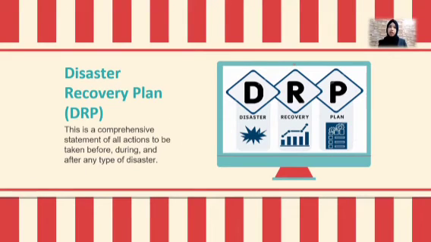So, to survive such an event, companies develop recovery procedures and formalize them into a disaster recovery plan. So, DRP is a comprehensive statement of all actions to be taken before, during, and after any type of disaster.